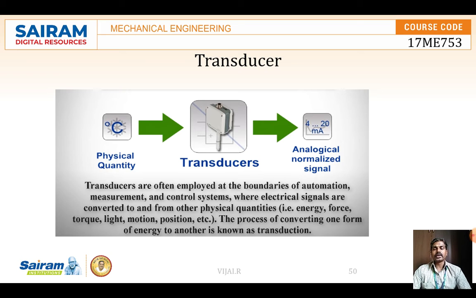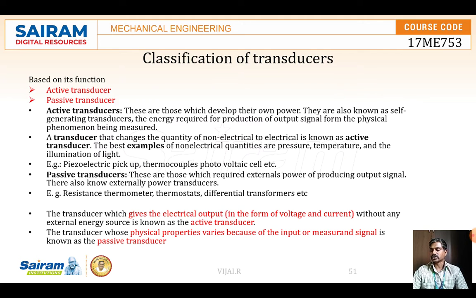A transducer is often employed in automation systems, control systems, and anywhere for the conversion of a physical quantity like energy, force, displacement, temperature, or light into another form, which is called transduction. So the transducer is a device used for the conversion of a physical quantity from one form to another form. That is the term we call transducer.